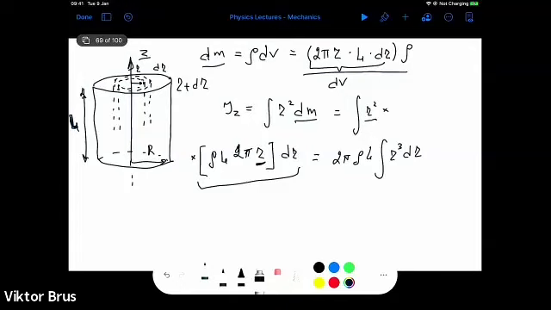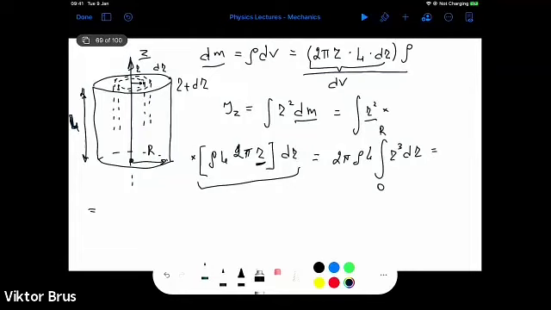Okay, now we need to integrate it for the whole cylinder. So we need to define the boundaries from where to where we integrate. Since we integrate along the radius, we integrate from 0, the point where our axis of rotation is located, to capital R, which is the radius of our cylinder.